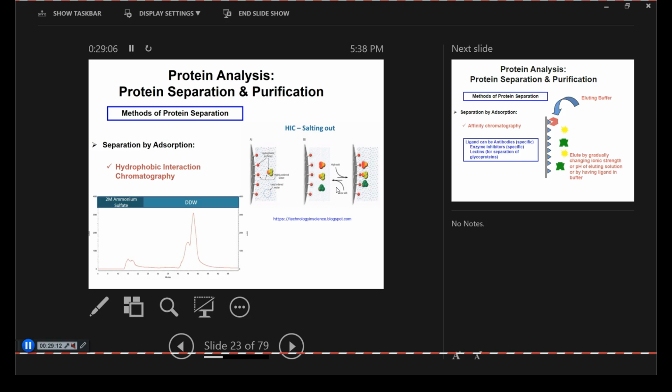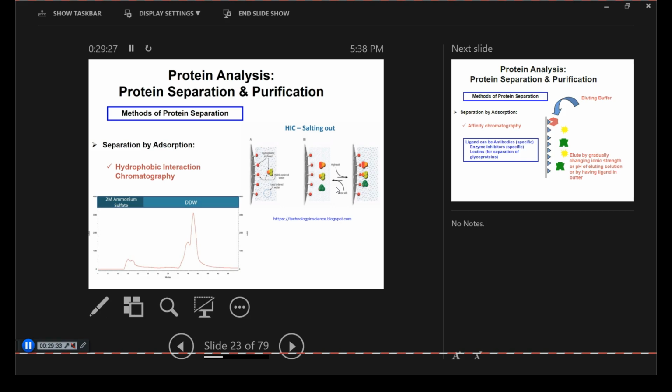It will just move faster through the column. But the most hydrophobic is going to interact and linger on the column, and the way to get it out is to decrease gradually the salt concentration. So you reduce gradually the salt concentration all the way to water.